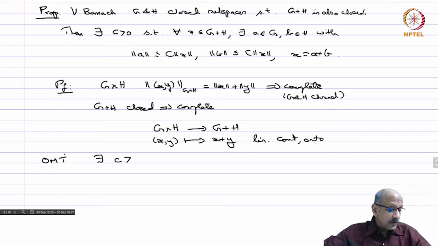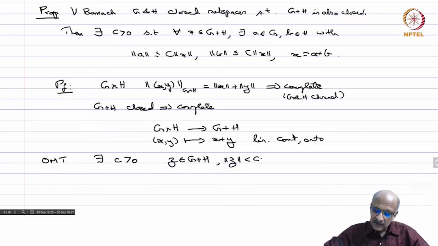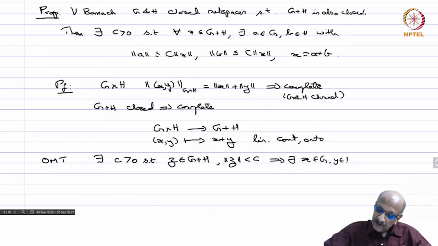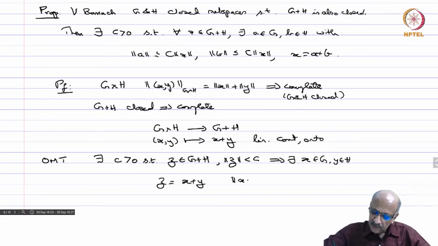There exists a C positive such that Z in G plus H, norm Z less than C, that means it belongs to B0 C in G plus H, then that must belong to the image of the unit ball, such that this implies there exists x in G, y in H, such that Z equals x plus y and norm of x plus norm of y is less than 1.